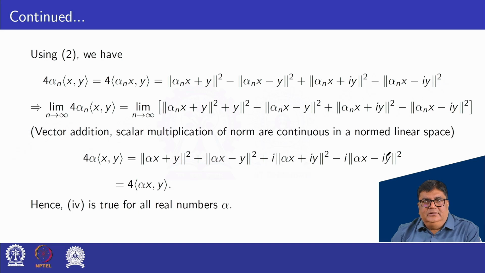What is this? This is 4 into the inner product of alpha x, y. So 4 and 4 cancel out, that is, alpha into the inner product of x, y is equal to the inner product of alpha x, y. So condition 4 is also true for all real numbers alpha.